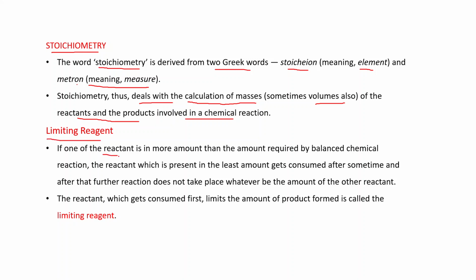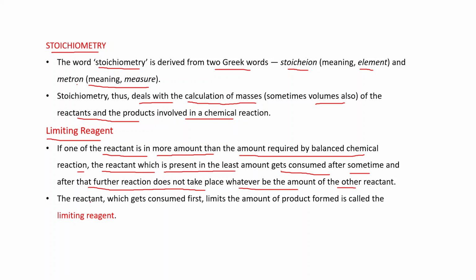Next is limiting reagent. If one of the reactants is in more amount than the amount required by a balanced chemical reaction, the reactant which is present in the least amount gets consumed after some time, and after that further reaction does not take place, whatever be the amount of the other reactant.